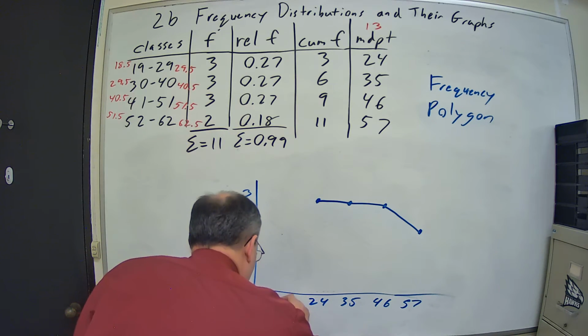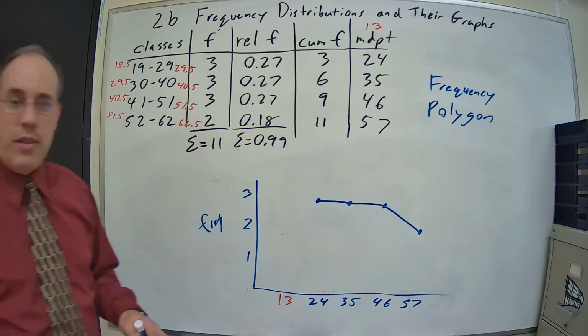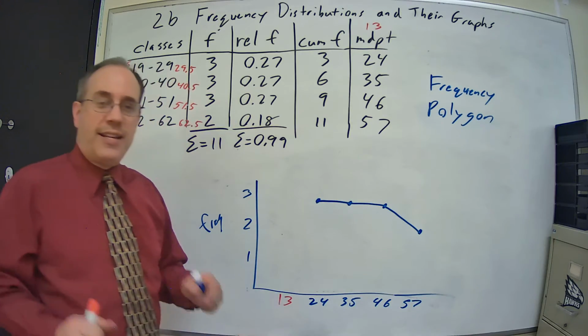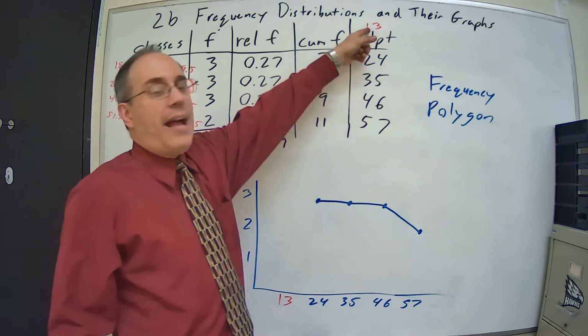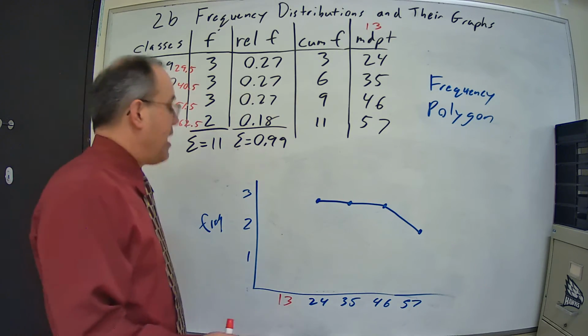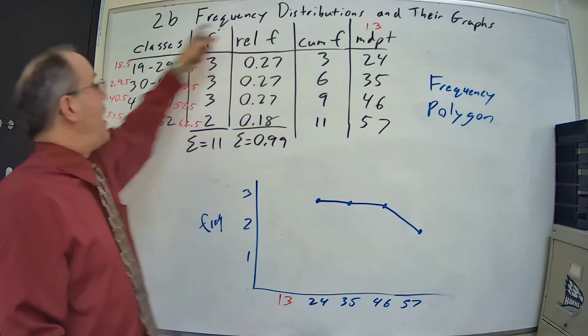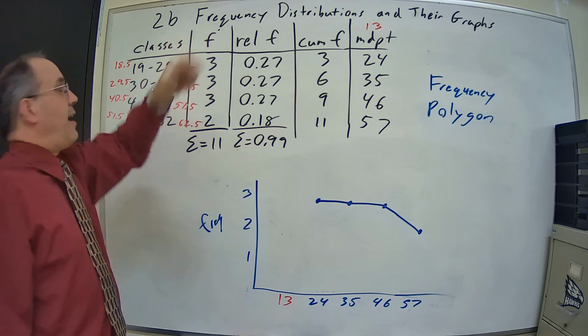So I'm going to put that on my graph, 13, and I'm just putting it in red here. You don't have to do it in a different color. I'm putting it in red kind of denotes to me that this came from elsewhere. I went back to a class before the data began. Now, if that's before the data began, then what's the frequency of data in that class?